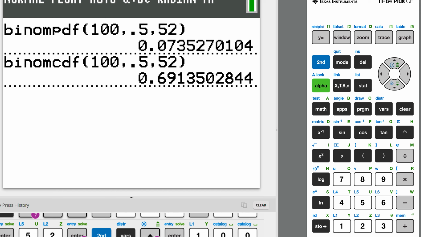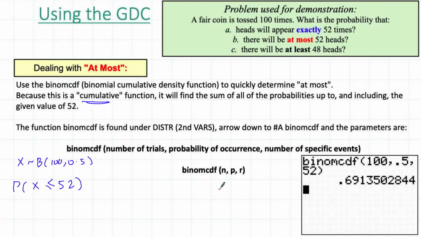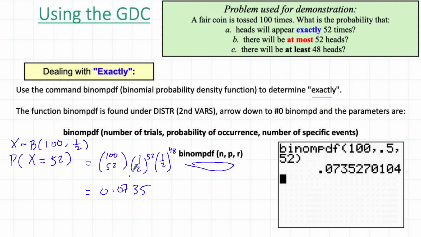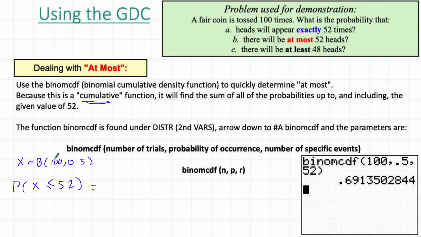It found the PDF for 0, the PDF for 1, the PDF for 2, and it started adding them up. Now, there's no notation for this, because this formula, remember, is only for when it's equal to. We don't use any notation for this, but at least show this notation. And you can write this out, and the answer is 0.691.